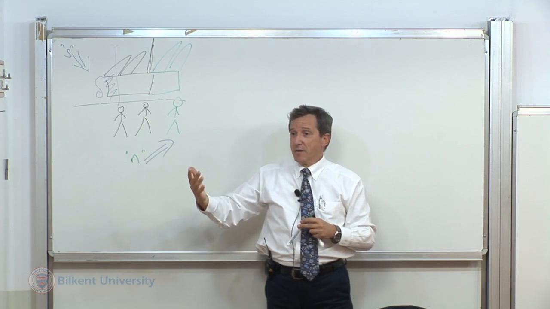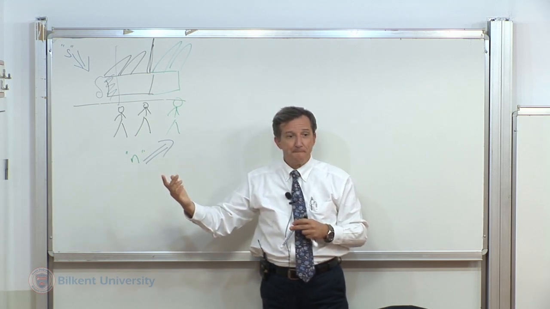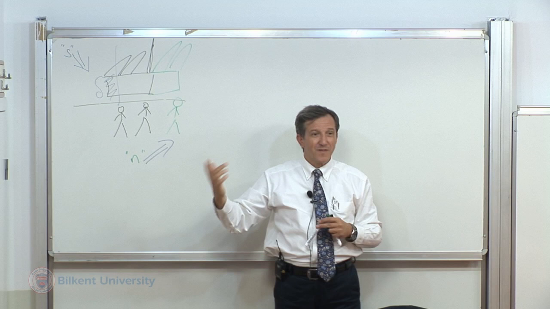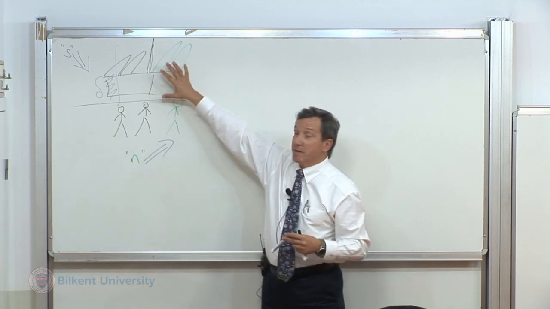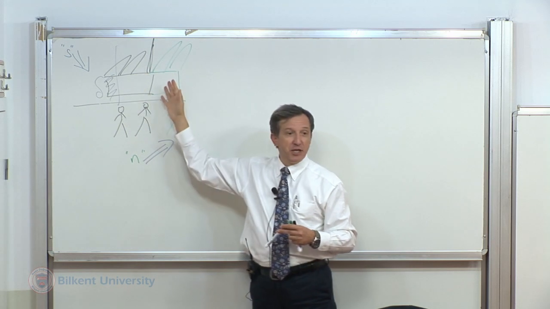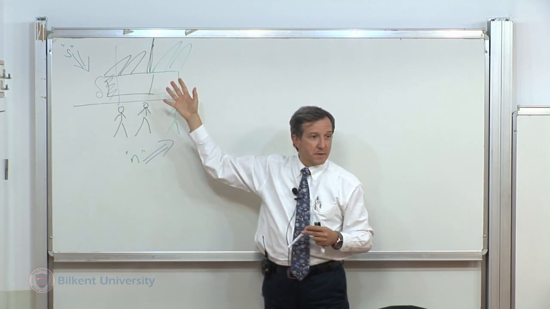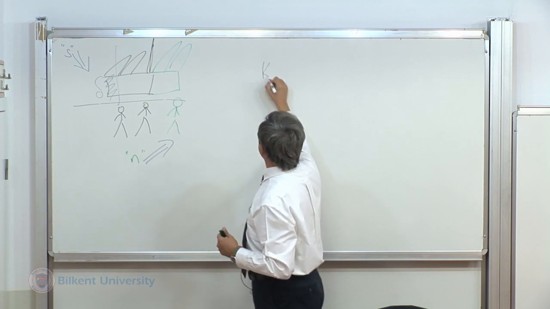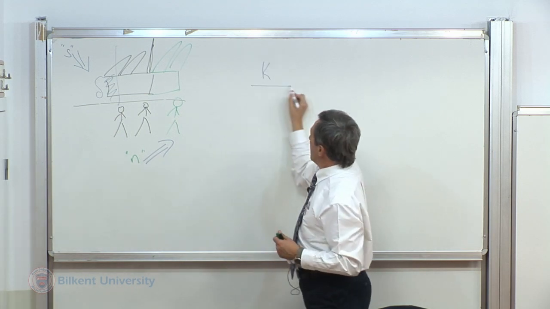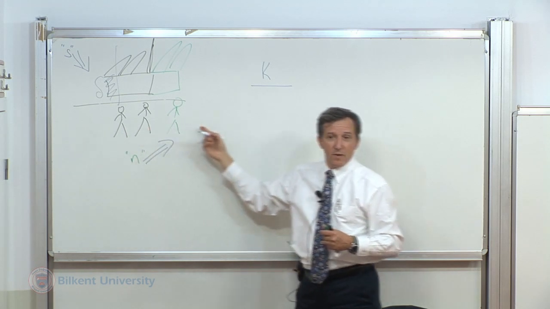So algebraically, what is my problem? What do I have to look at in symbols? Great. What's the symbol of this machine? Capital, K, big K. So I am interested in capital divided by workers, labor.